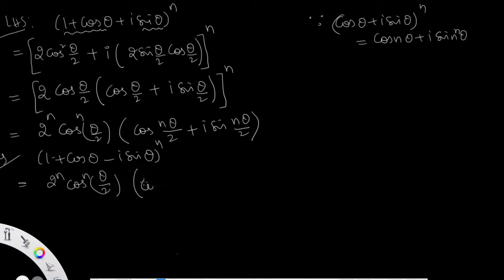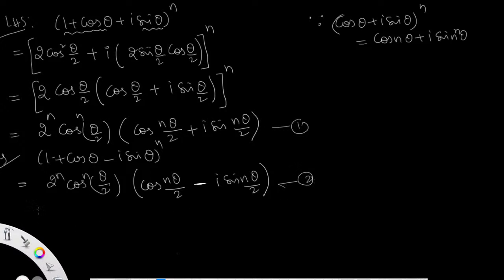Cos n theta by 2, just only the sign difference: minus i sin n theta by 2. That's all. Don't write all of those, just write as per the formula. Just replace plus by minus. This is the first part, this is the second part.